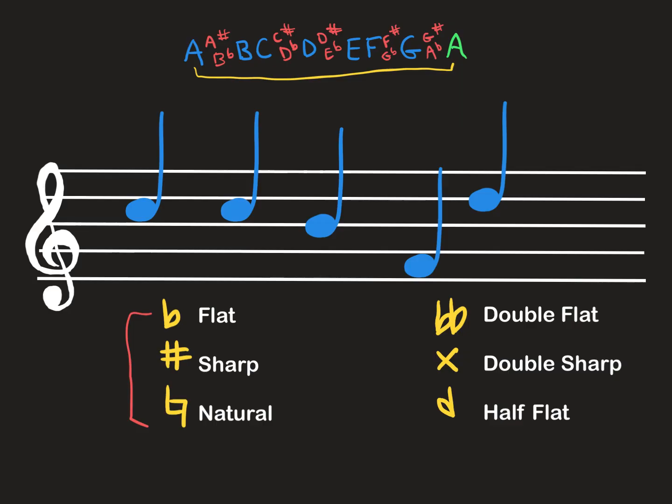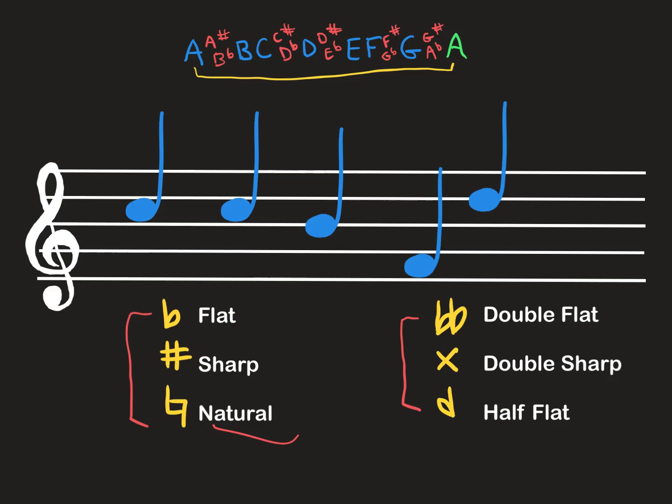The hashtag looks like a sharp. And these kind of 2 7s are the natural symbol. Now these over here are less likely for you to run into, but I thought I'd put them up here so you could see that there are lots of different types of symbols used to qualify the note and to give you guidance about what to do with the particular note.